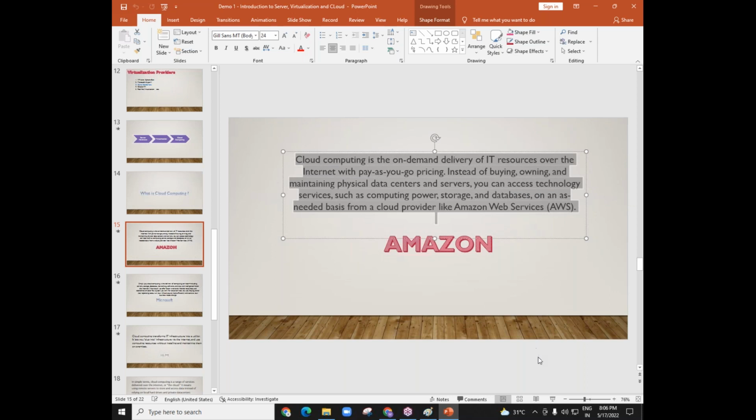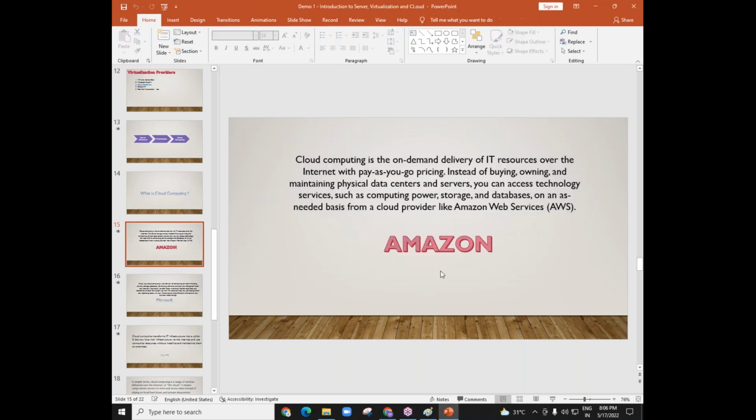Instead of buying, owning, and maintaining physical data centers and servers, you can access technology services such as computing power, storage, and database on an as-needed basis from a cloud provider like Amazon Web Services.